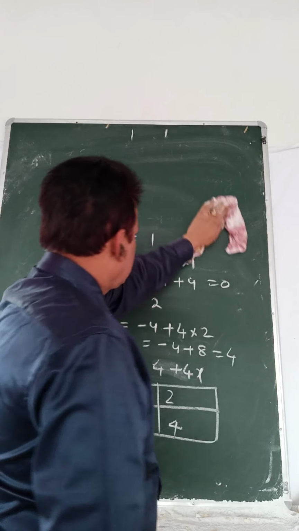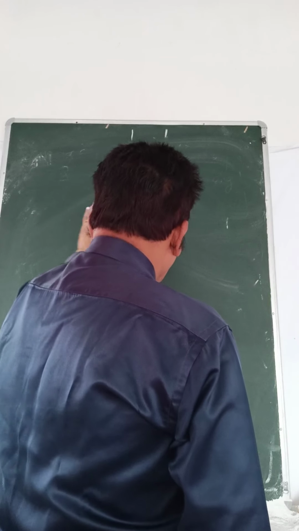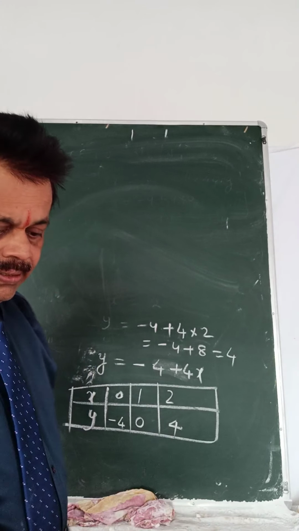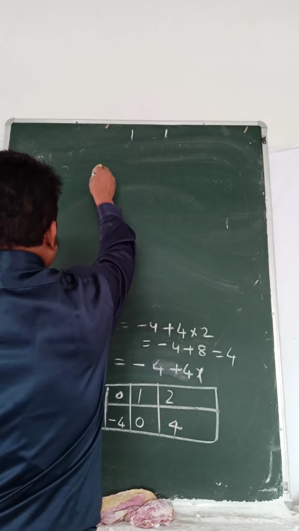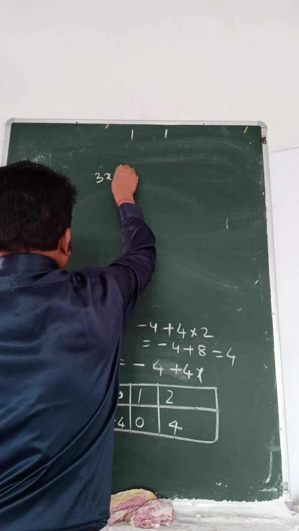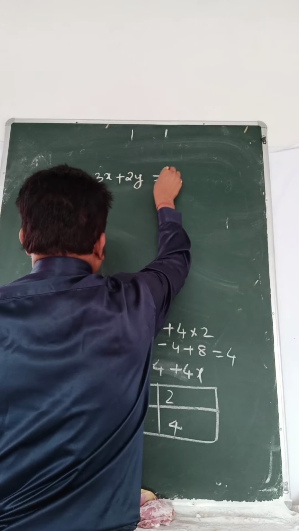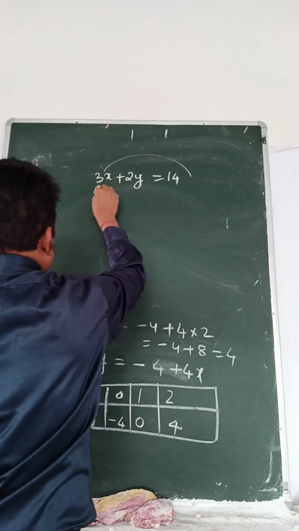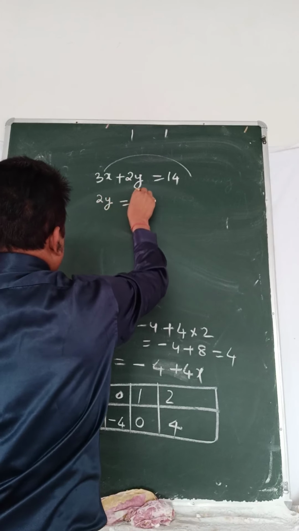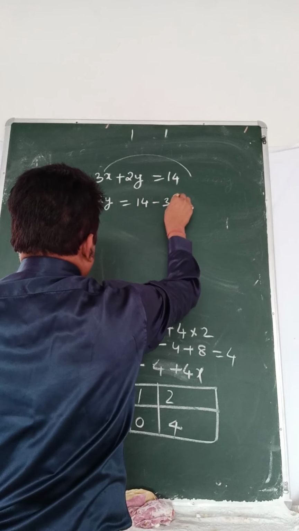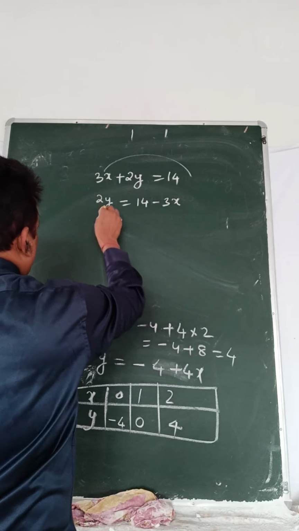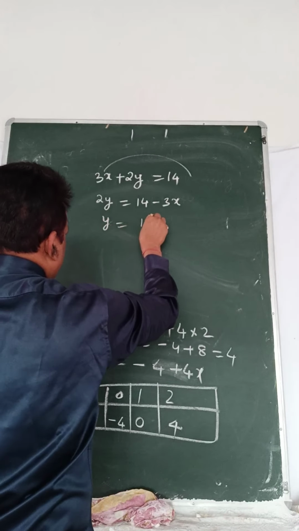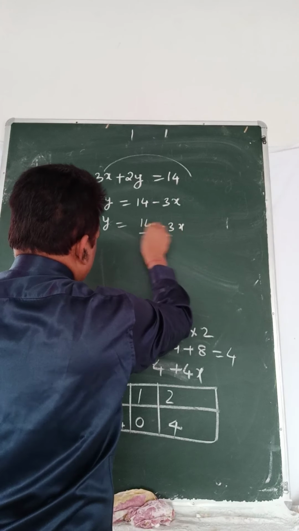So what is the second equation? The second equation is 3x plus 2y equals 14. Take this to the other side. 2y equals 14 minus 3x. Y equals 14 minus 3x by 2.